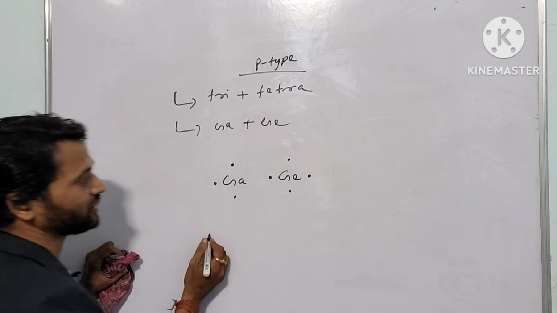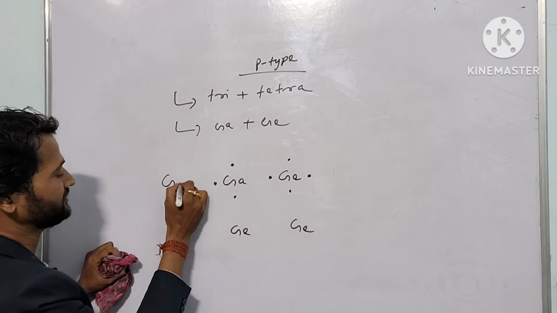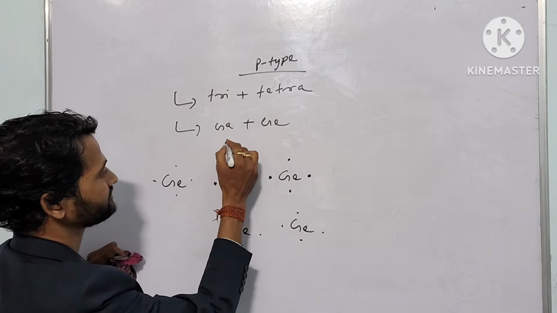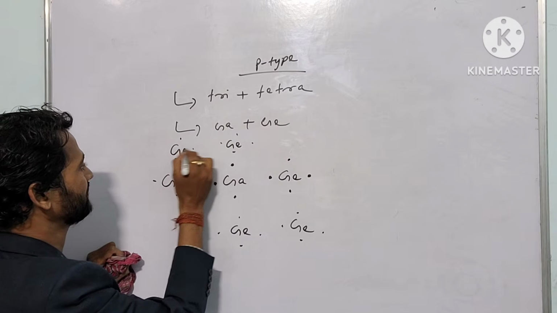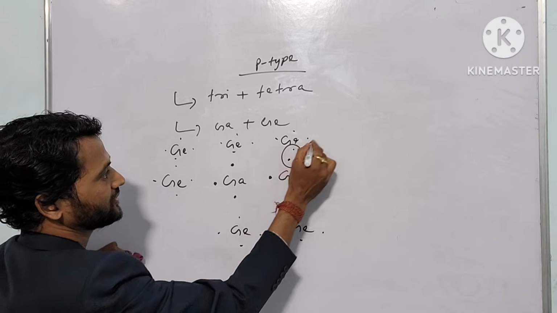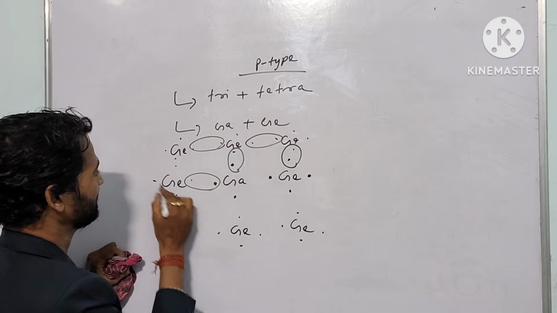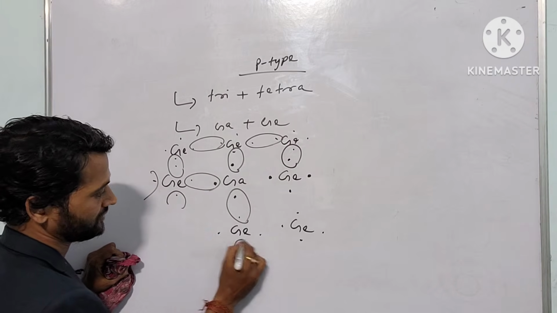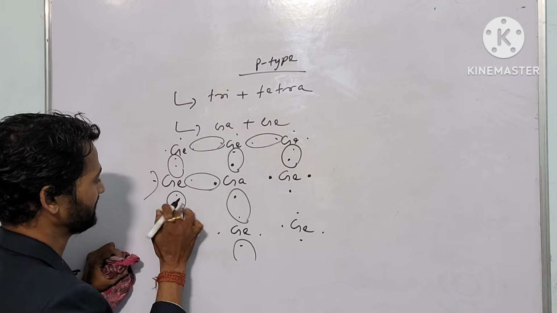In gallium we will find 3 electrons, right? So this is your germanium again. ठीक है, so these are the covalent bond, you can say. Okay, let this is germanium.